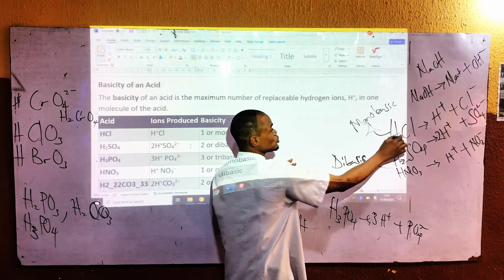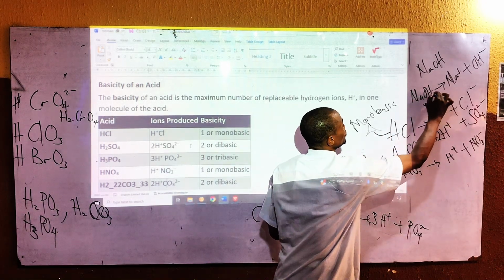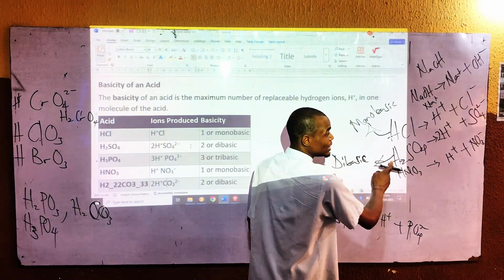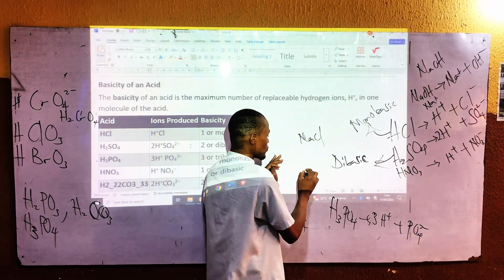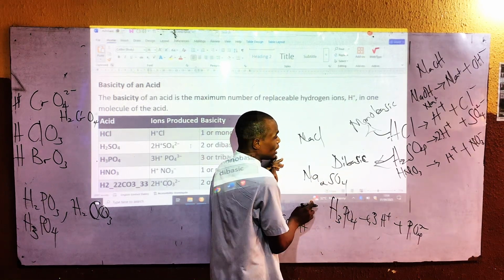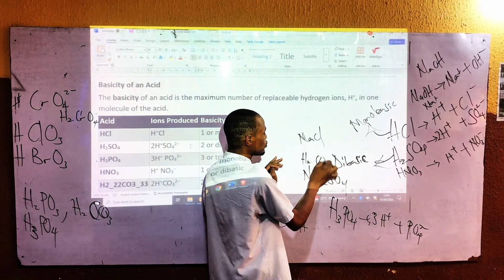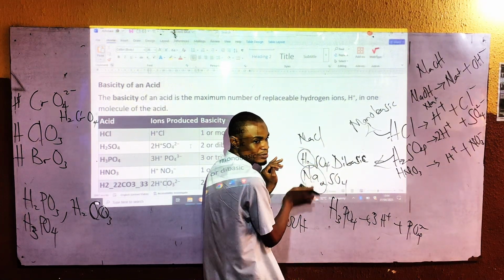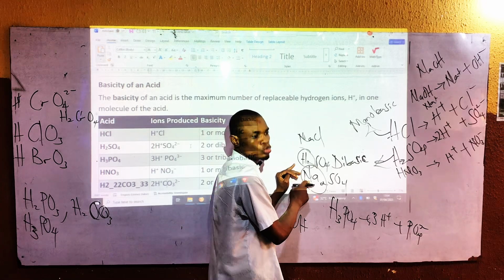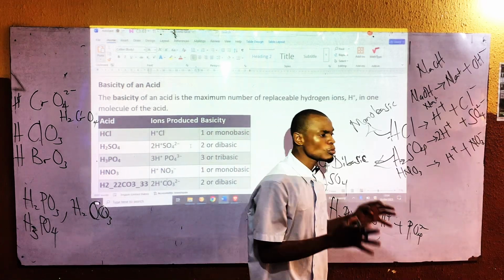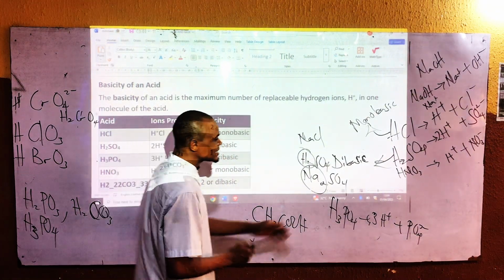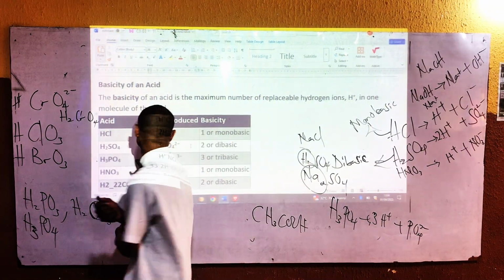I can replace this hydrogen ion here with Na plus, giving NaHSO4. I can replace this hydrogen ion also with Na, giving Na2SO4. As I'm having H2SO4, sodium replaces how many hydrogen ions? 2 hydrogen ions. So it's the maximum number of replaceable hydrogen ions in one molecule of an acid. So now the basicity of this one is what? 3. Tribasic. I get you now.